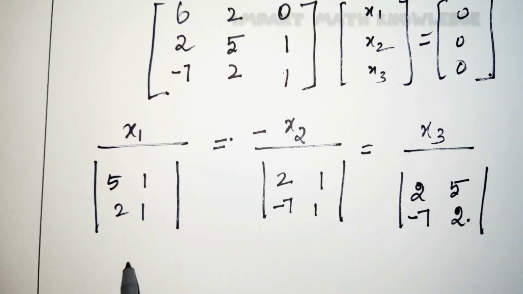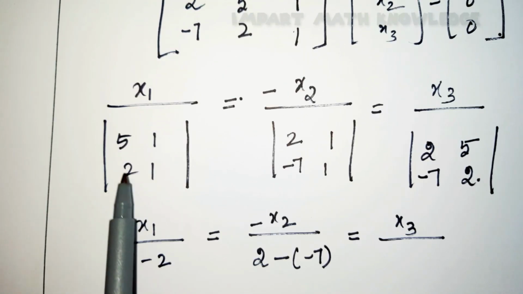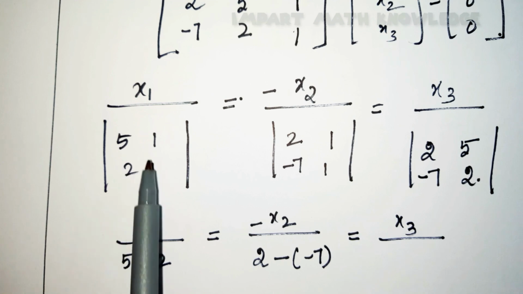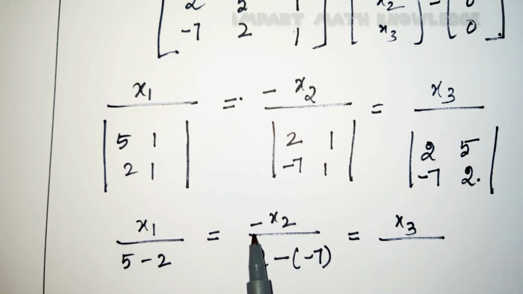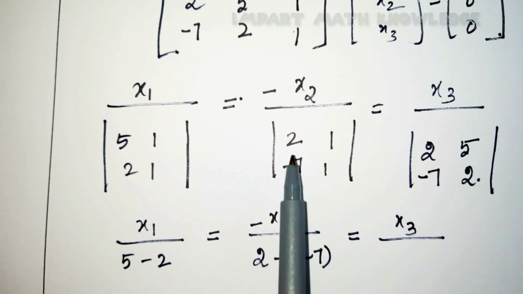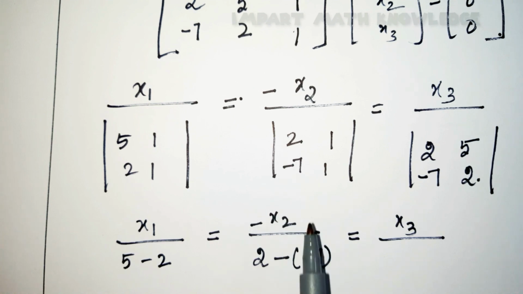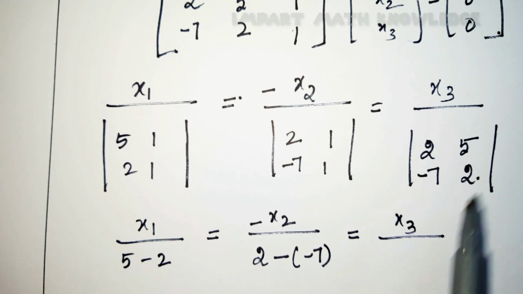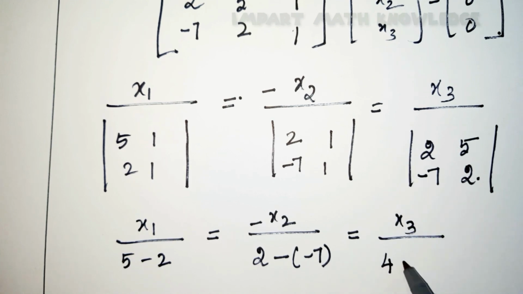Now this can be written as x1 divided by 5 into 1 is 5 minus 2 into 1 is 2, equal to minus x2 divided by 2 into 1 is 2 minus 7 into 1 is minus 7, equal to x3 divided by 2 into 2 is 4 minus 7 into 5 is minus 35.